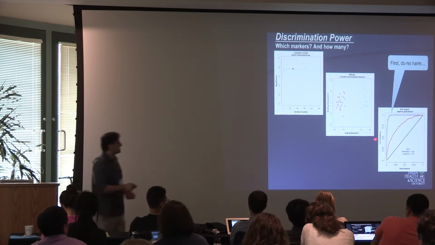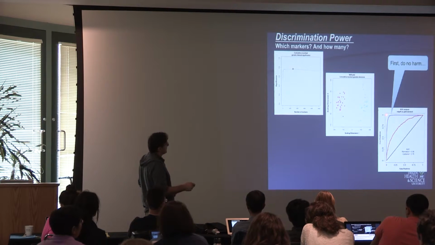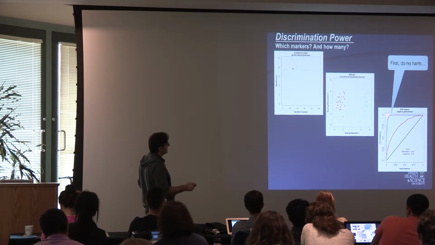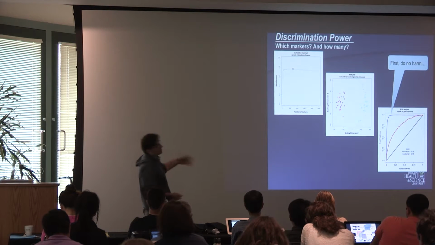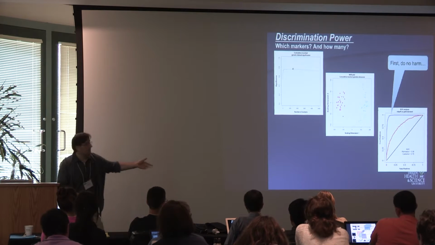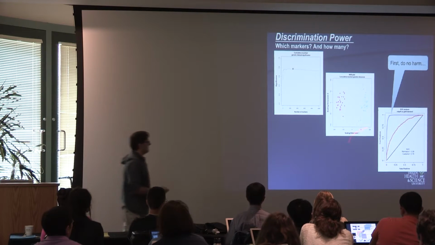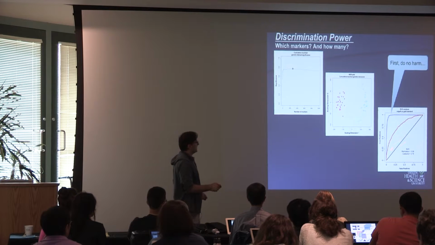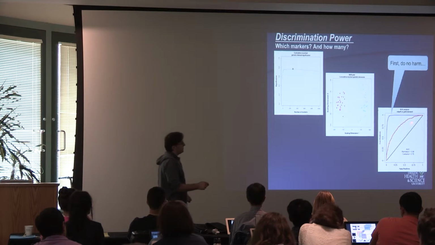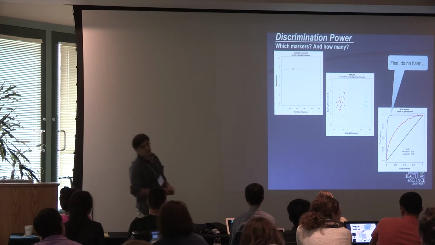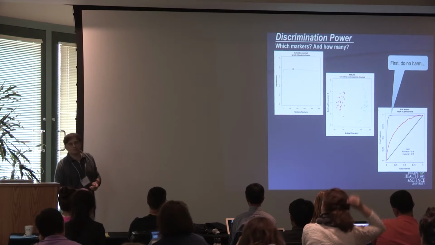If you have a curve that reaches close to that point, and you measure the area under that curve, if you're close to 1, you're doing really well. If you're not doing that well, then the curve is going to look kind of like that. And if you're doing kind of random, then it's going to be close to the diagonal. Any questions about this?